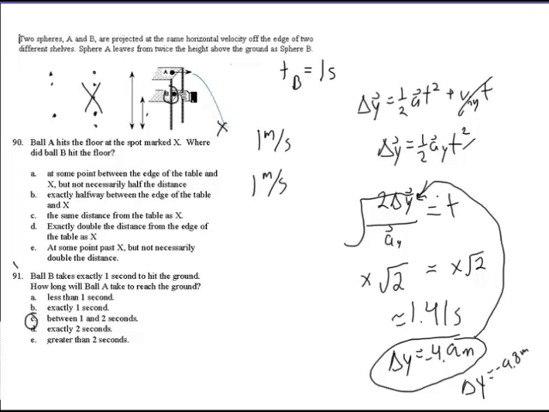So if ball B is in the air for 1 second, and ball A is in the air for 1.41 seconds, you can calculate that this has to be 1.41 meters, and this has to be 1 meter. 1 meter is obviously not half of that, so the answer is some, what does it say? A, it's hanging over the edge of the table, not necessarily half the distance, yeah.